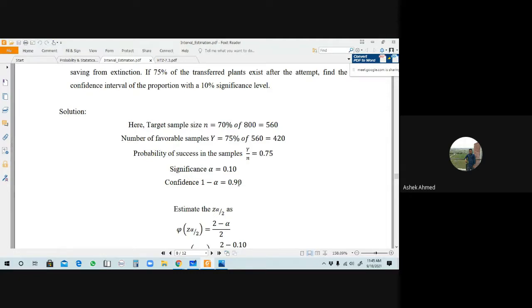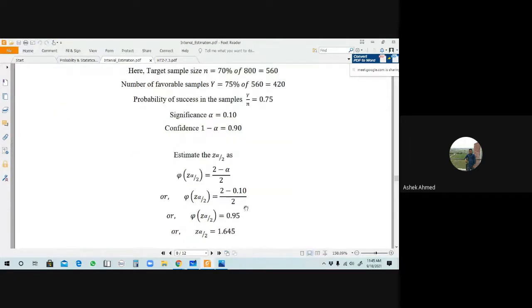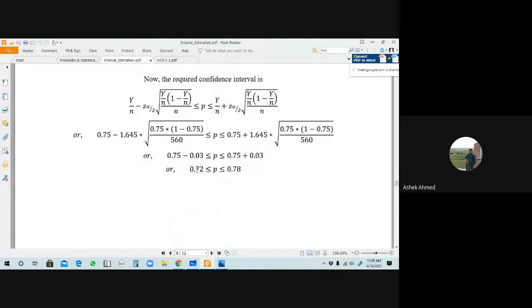So we can say that this is the 90% confidence interval for containing p. p কে কন্টেইন করার প্রবাবিলিটি হচ্ছে কত? এই ইন্টারভ্যালটার 90%, ওকে? এটা এখানে বলা আছে.